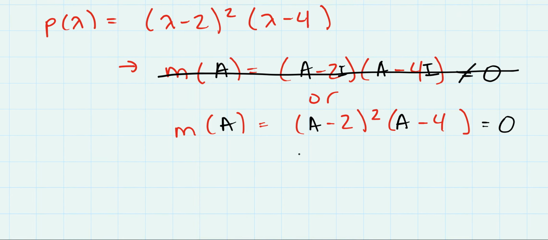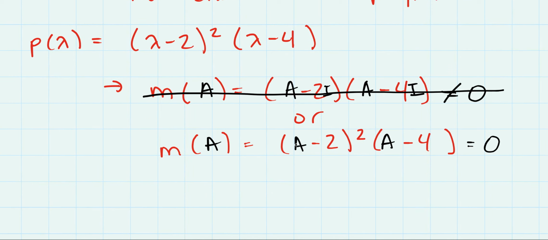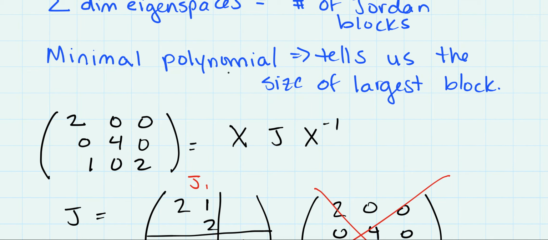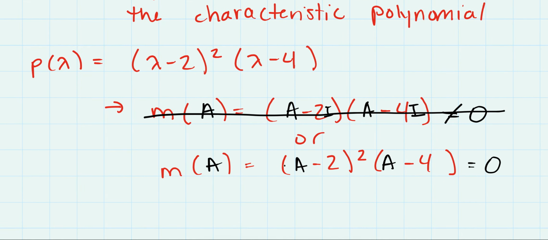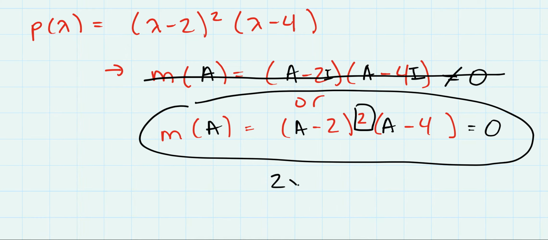Okay, so this is our minimal polynomial, and what we're going to get from this minimal polynomial, which I wrote up here, let me just scroll back up. The minimal polynomial tells us the size of the largest block. So this number here, 2, because we have our minimal polynomial, tells us that we're going to have a 2 by 2 Jordan block.